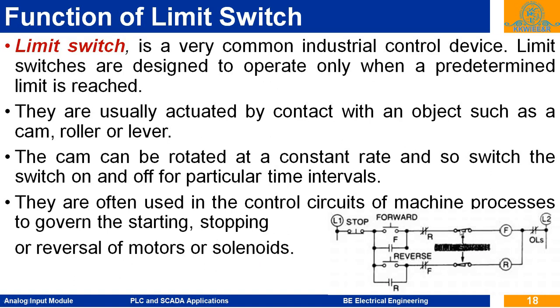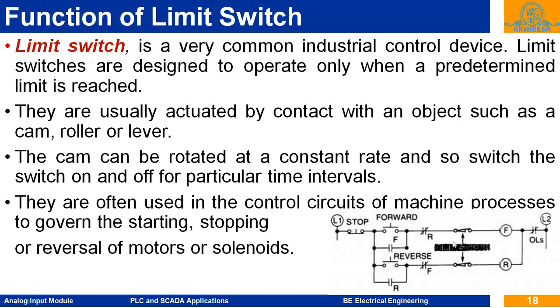Now here the limit switches are shown in motor control operation, say forward and reverse operation. Consider an example of a hoist, an electric crane, which moves in the upward and downward direction. For that, one limit switch is provided for the downward position and one limit switch for the upward position.